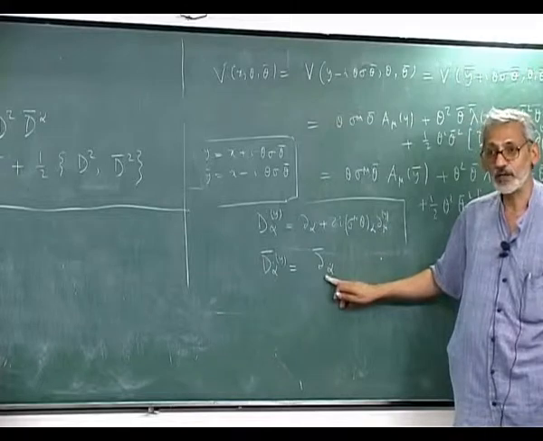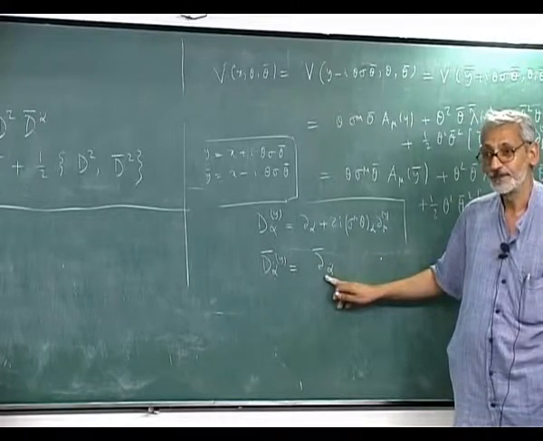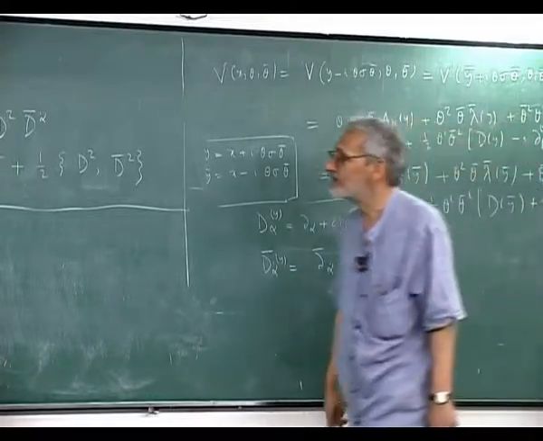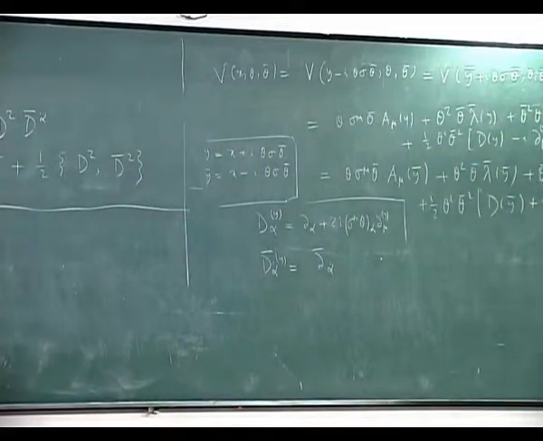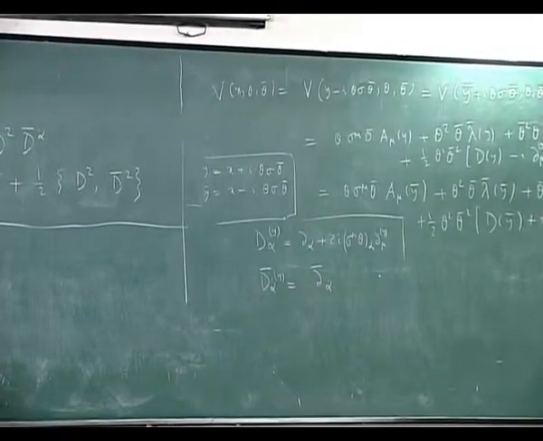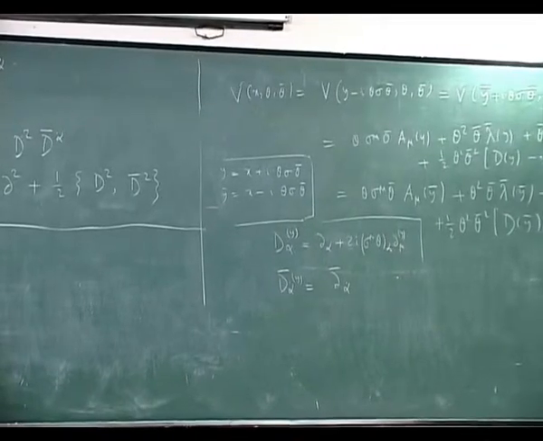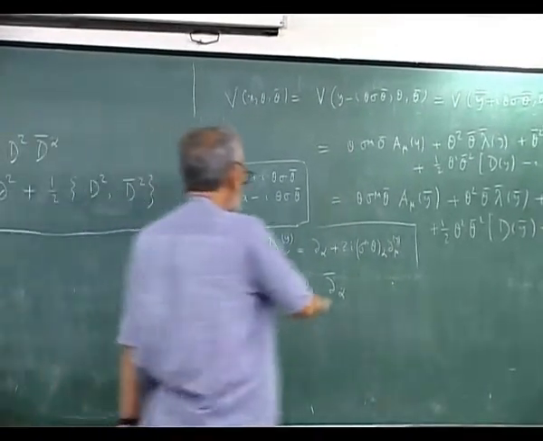It's simply an ordinary spinorial derivative. So now these two D bars are simple because they are ordinary spinorial derivatives. This one is this object.